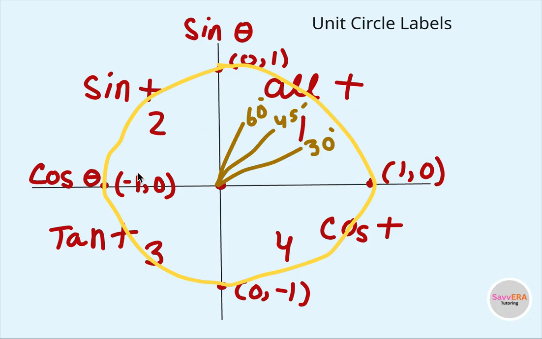So this right here, let me switch colors just so it's clear, is known as pi, which is equal to 180 degrees. This is something you just have to kind of memorize.